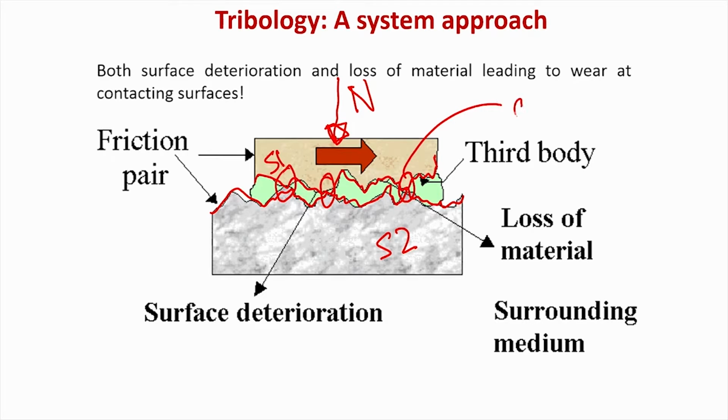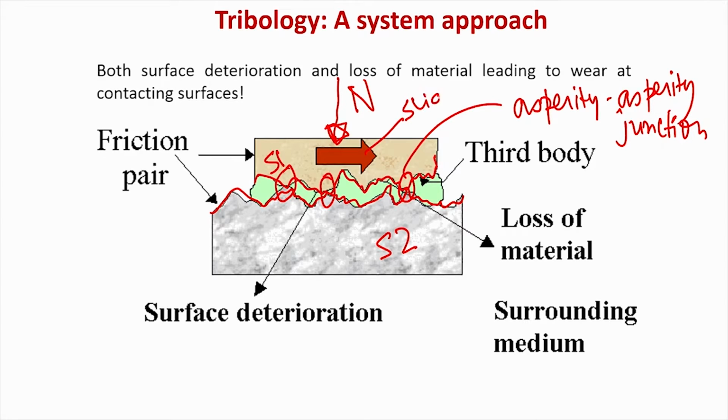So, this spot is essentially, let me write it down, this is called an asperity junction. This asperity junction will experience friction depending on the load and the sliding speed. This is the sliding speed here.